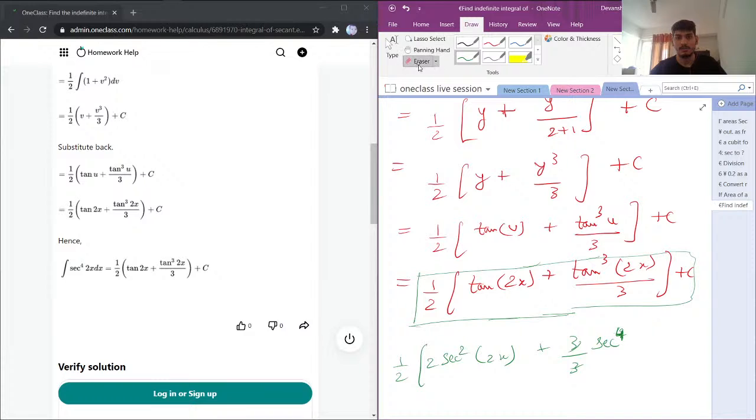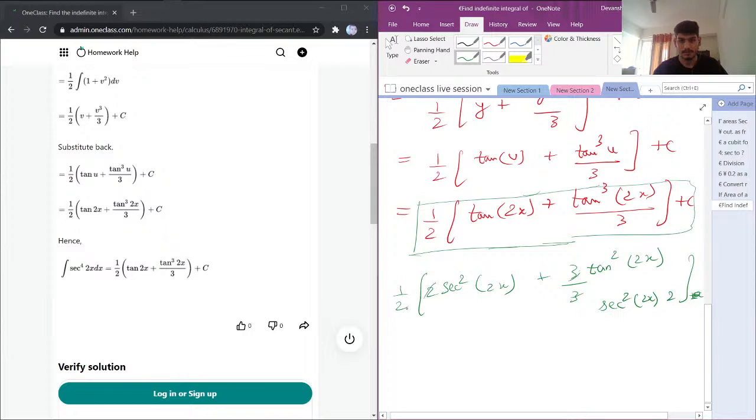No, we'll have the power rule. I have already written 3 here. We will have tangent square of 2x, and derivative of tangent will be secant square of 2x, then derivative of 2x will be 2, then we have plus c, so derivative of c will be 0.